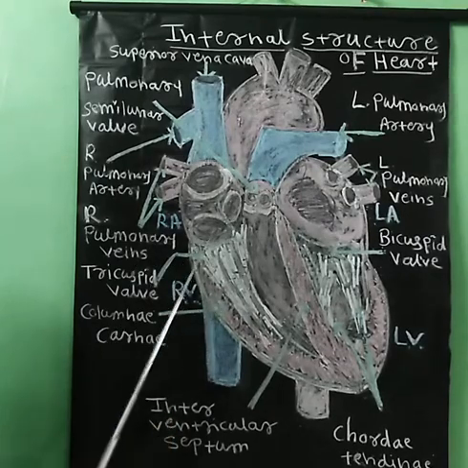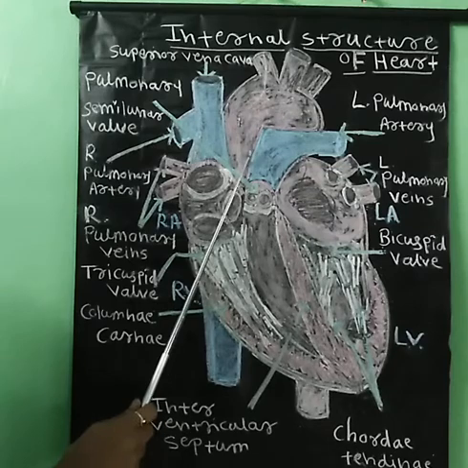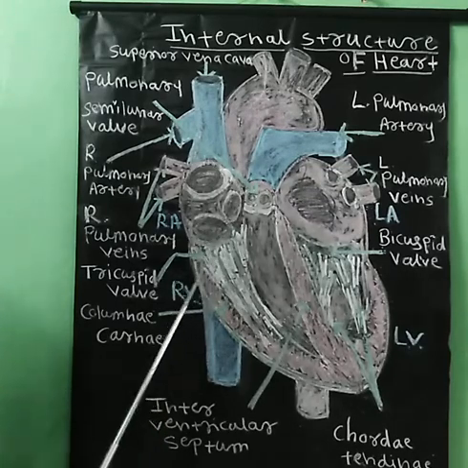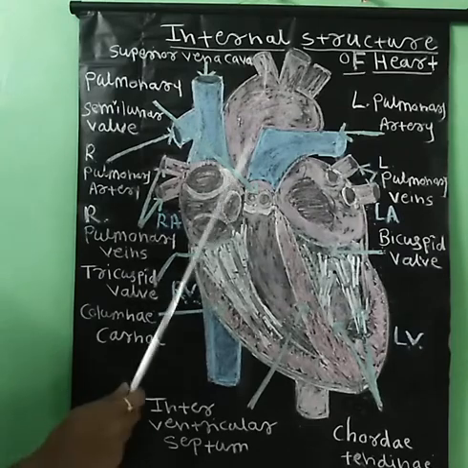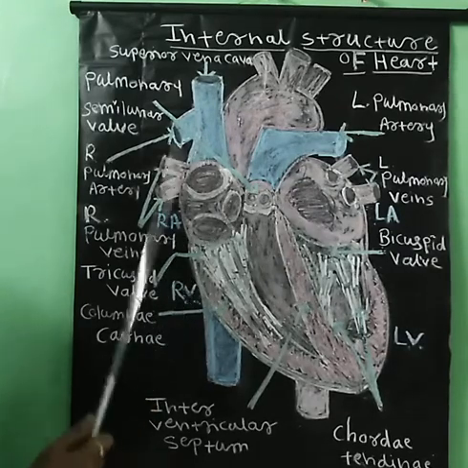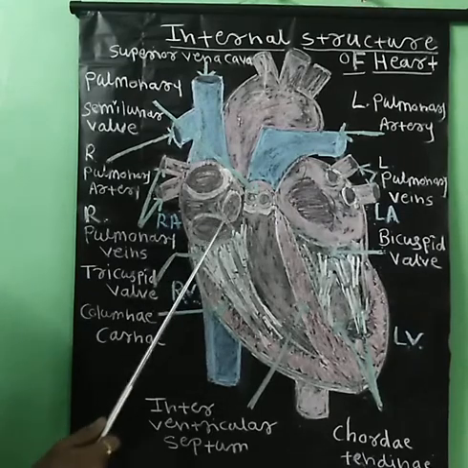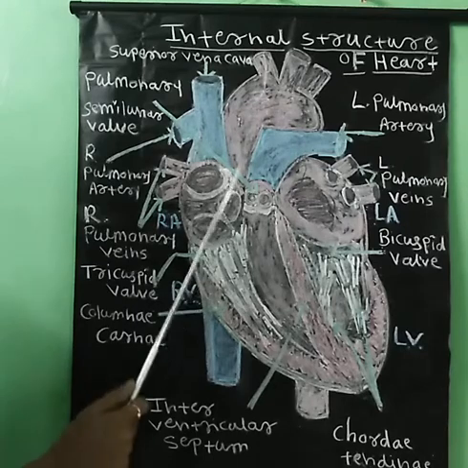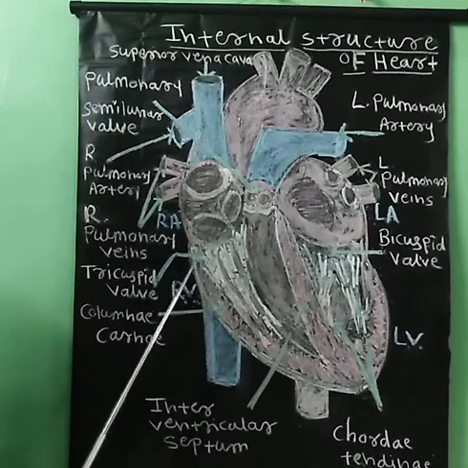On that septum, there is a presence of one oval depression known as fossa ovalis. Fossa ovalis is nothing but a remnant of embryonic aperture, that is foramen ovale.